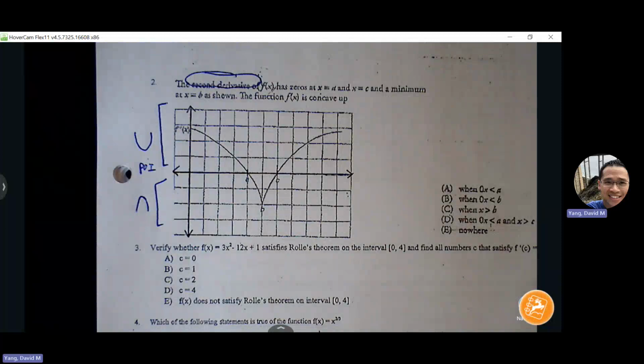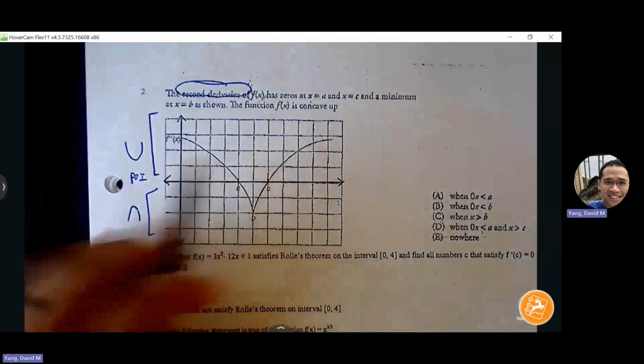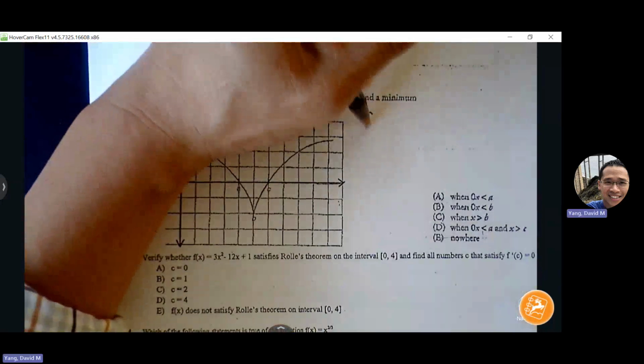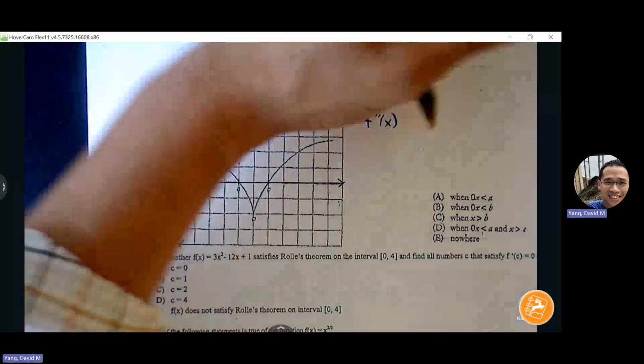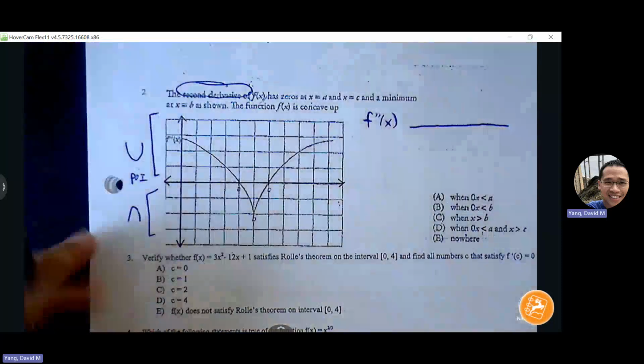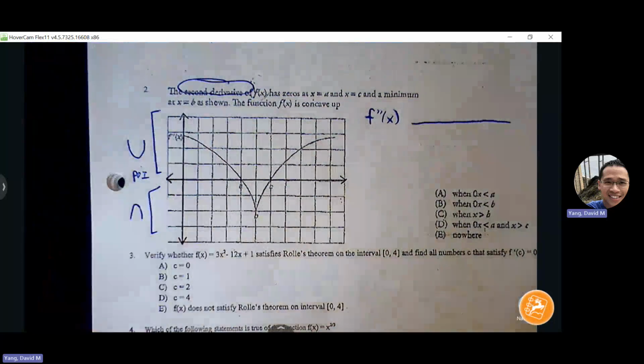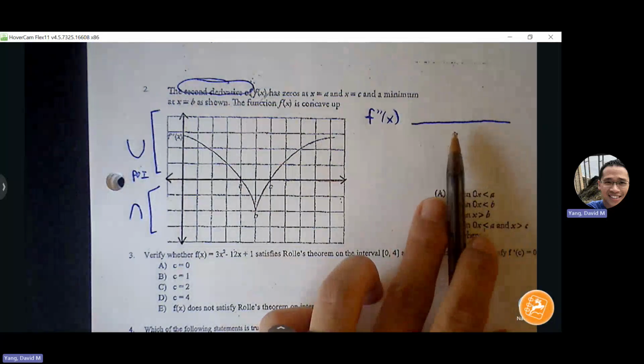Let's create a second derivative sign line so we can have a more visual understanding of what we're looking at. What can I place onto my second derivative sign line?